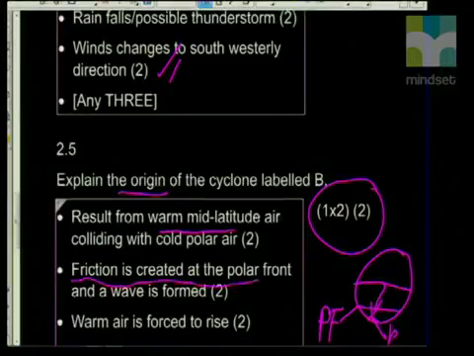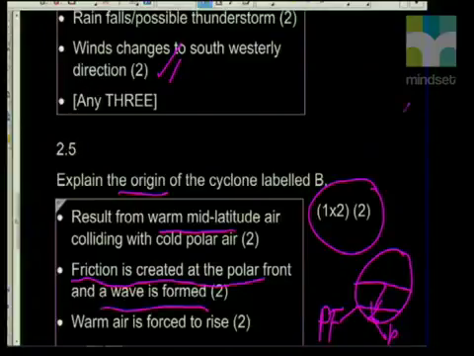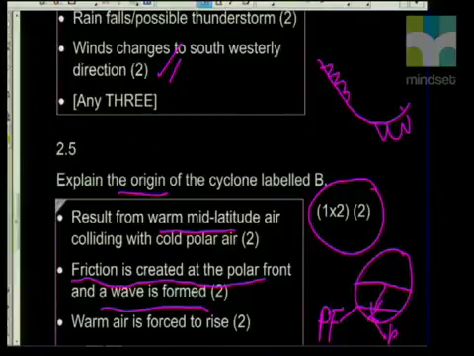Can you see it? Friction created along the polar front creates a wave-like formation. Remember you did that? Where you had that, your cold front, right, and your warm front, and then you had your wave-like disturbance, and that's when the fronts get separated, all right?